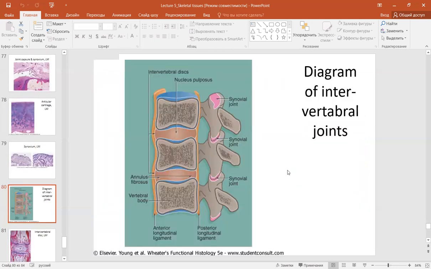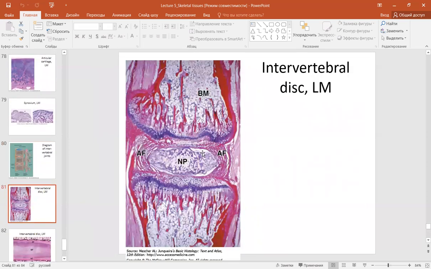This is another type of joint, the intervertebral joints, showing you the nucleus pulposus, annulus fibrosus, and synovial joints in between the processes of the vertebra, and the anterior and posterior longitudinal ligaments, dense regular connective tissue keeping the whole vertebral column in the needed, reinforced condition.